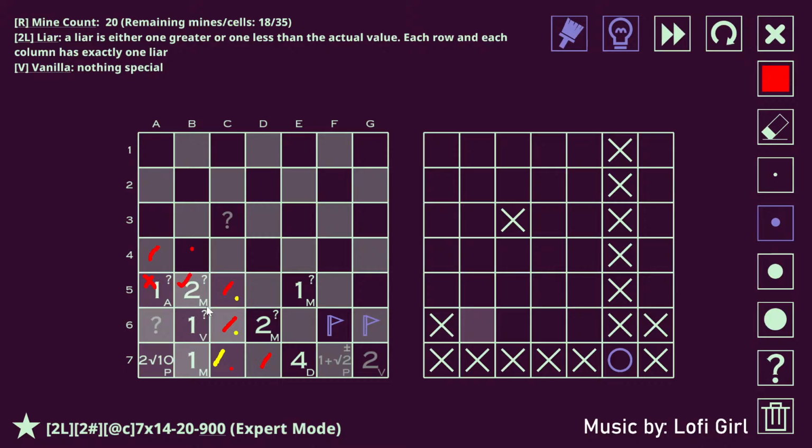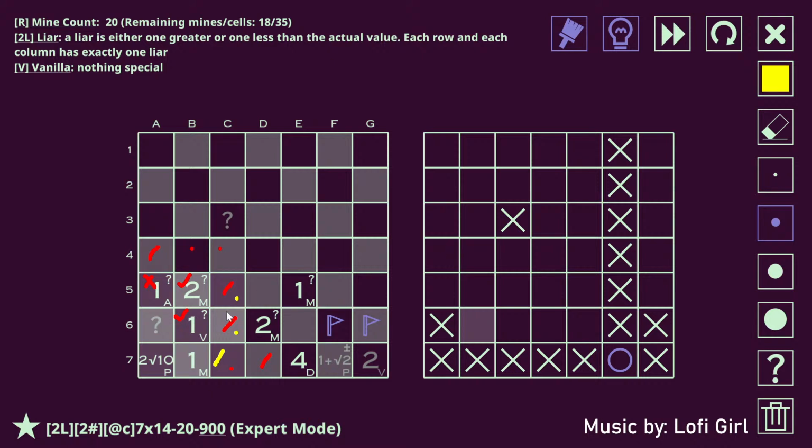This is truthful. In the red case, we can also prove that this is truthful, because in the red case, this 1v already only sees 1 mine. Also, because this is a 2, it must see another mine here.